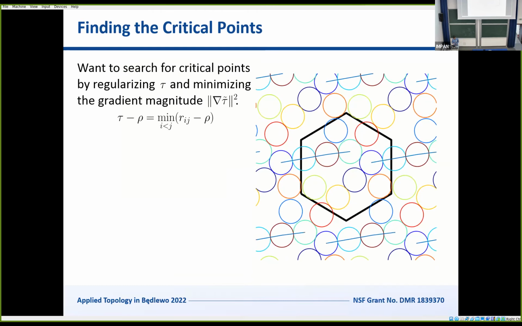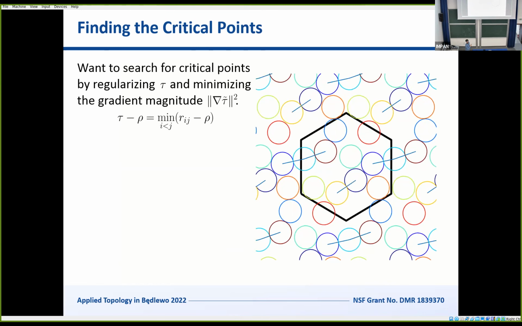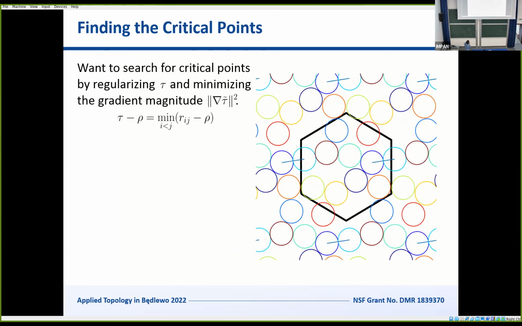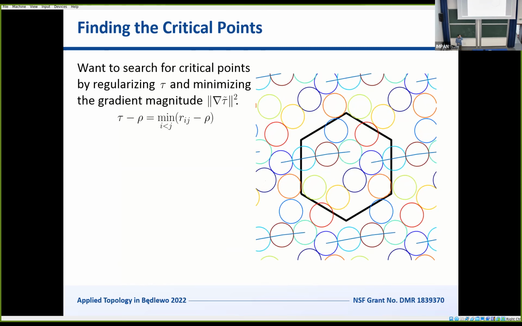So we do the following trick. We realize that this topological function has a minimum of the radius of the disks, which is actually half the pairwise separation of two disks. That's how we define R. Rho is this scalar, the radius of the disks for my particular configuration. In the definition of tau, that's subtracting rho, so nothing special there.